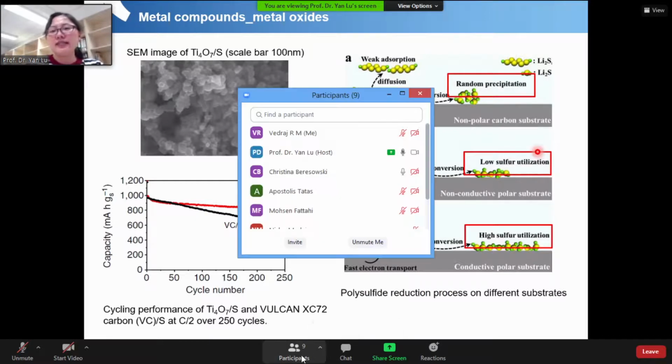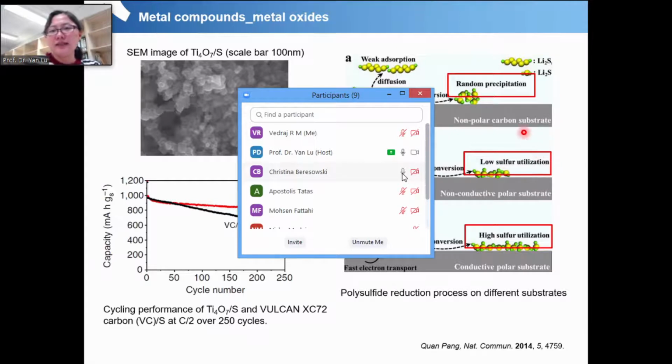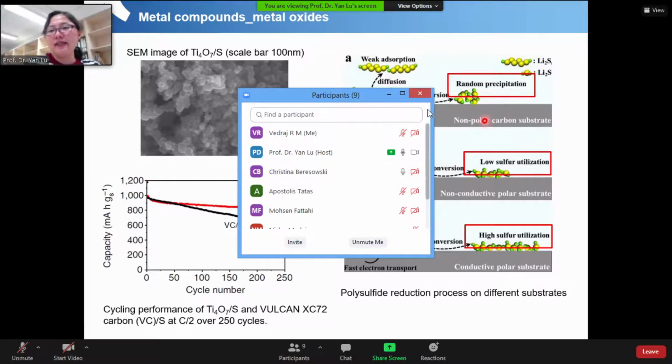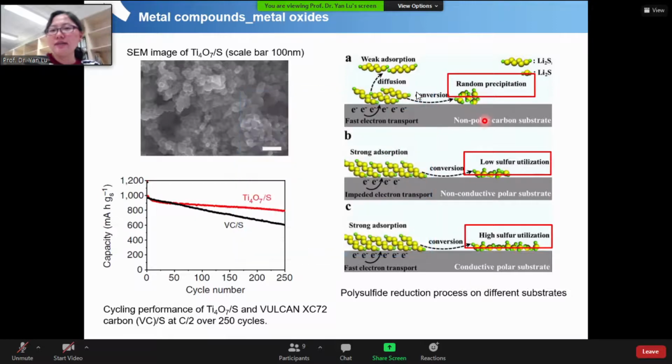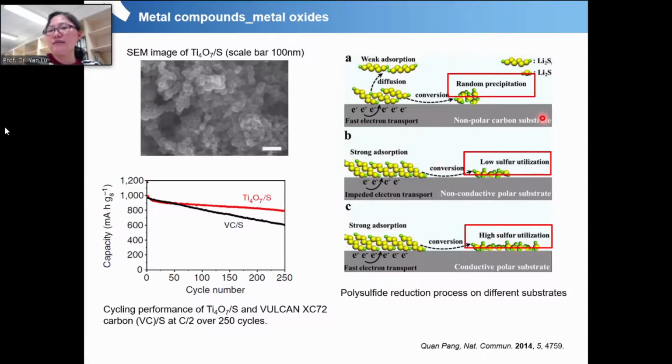And so they conclude: on one side, if you do not have any chemical confinement, like a normal carbon material with no special affinity for polysulfide, then of course you can only have very weak absorptibility to polysulfides, and physical confinement is not enough, so you always have diffusion and then the shuttle effect.